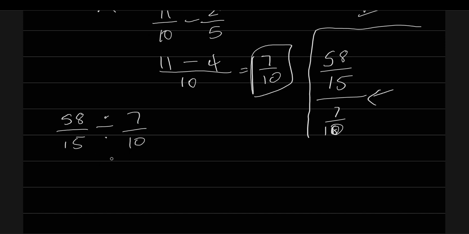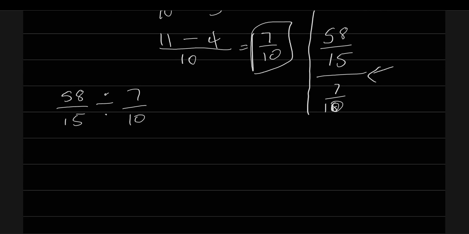And when we're dividing fractions, we just change the division sign to a multiplication. So this will be 58 over 15 multiplied by, and we upturn the divisor fraction, putting this at the top and this at the bottom, 10 over 7. And we see that we can break down the 15 and the 10.